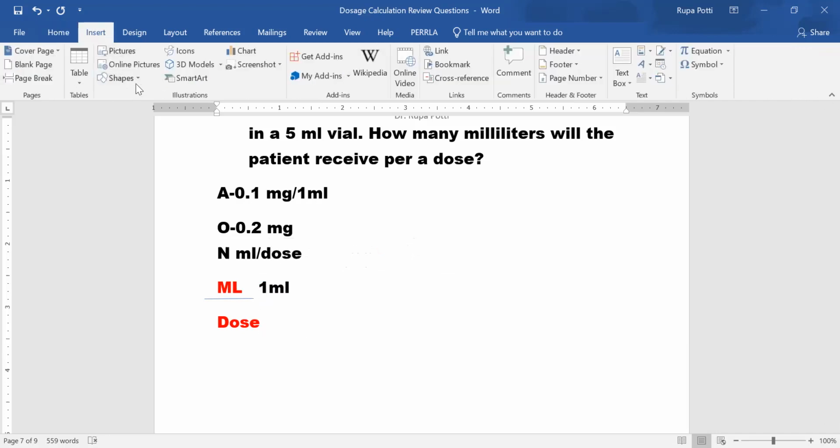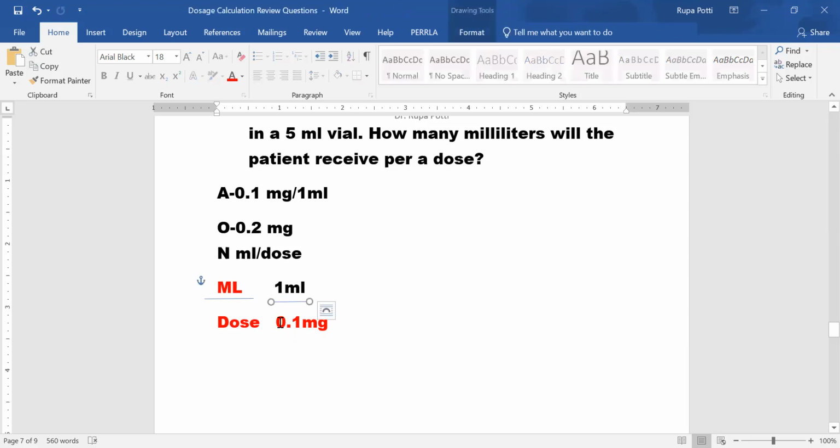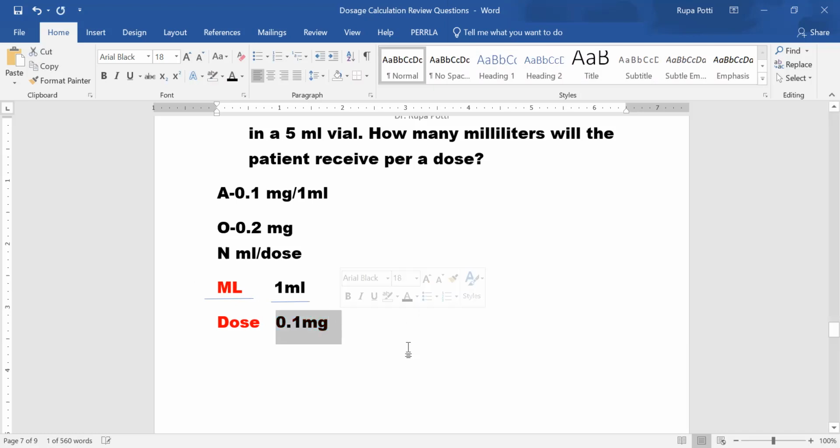So that will be my denominator because they're inseparable, right? Because I have milligrams in my denominator, I'm going to start off with milligrams in my numerator.